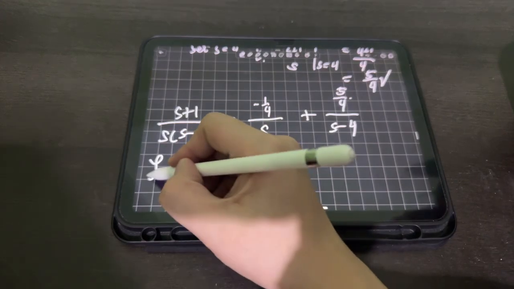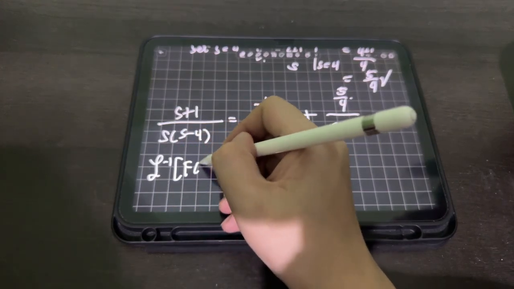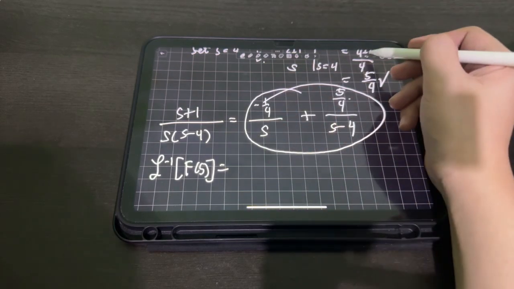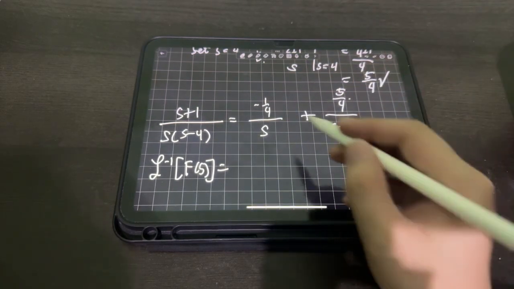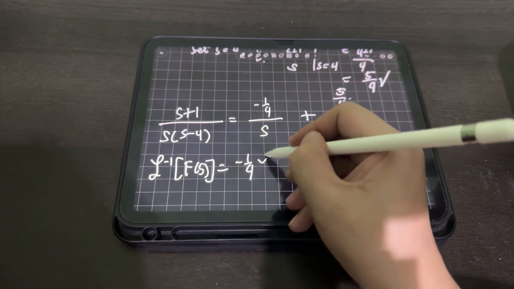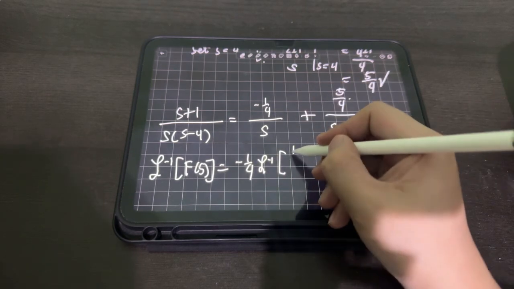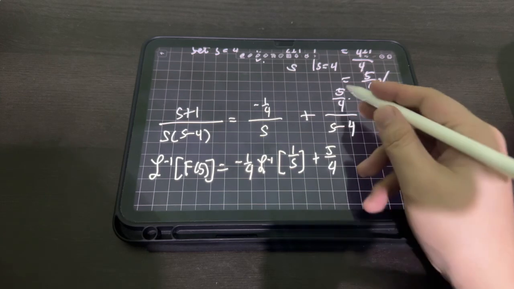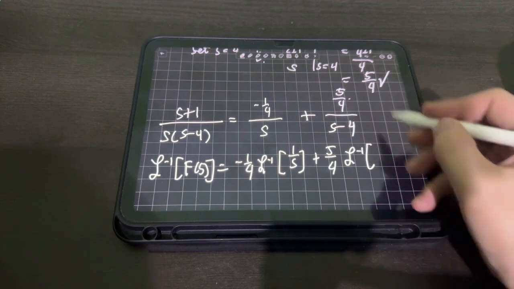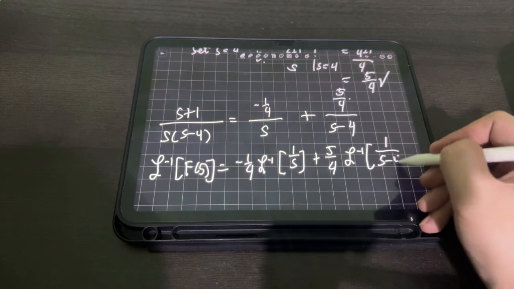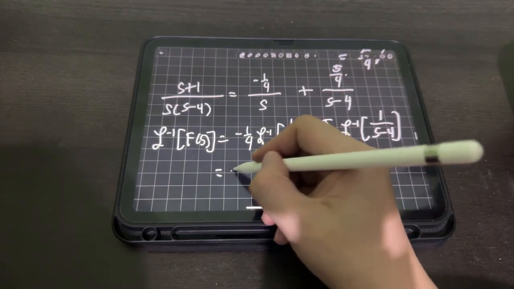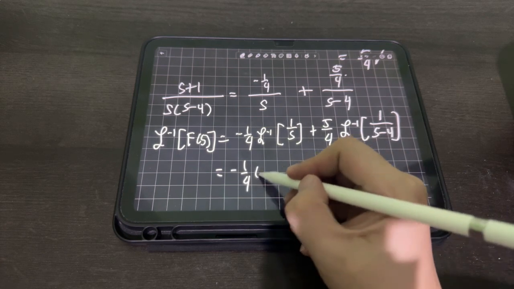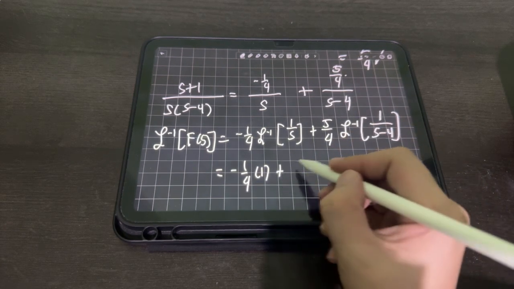And then get the inverse Laplace transform of both sides. So we have to get the inverse Laplace transform of each term. So negative 1/4 inverse Laplace transform of 1 over S plus 5/4 inverse Laplace transform of 1 over S minus 4. So negative 1/4, we know that the inverse Laplace transform of 1 over S is 1, right?